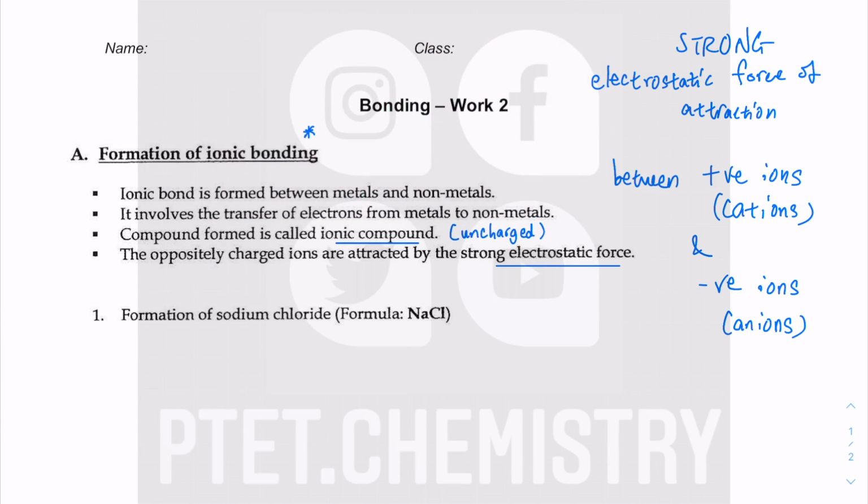That is because metals lose electrons, therefore you form positive ions called cations. Metals are on the left side of the periodic table, so it's an overgeneralization, but group 1 and group 2 are definitely metals. They form positively charged cations after they lose the electrons.